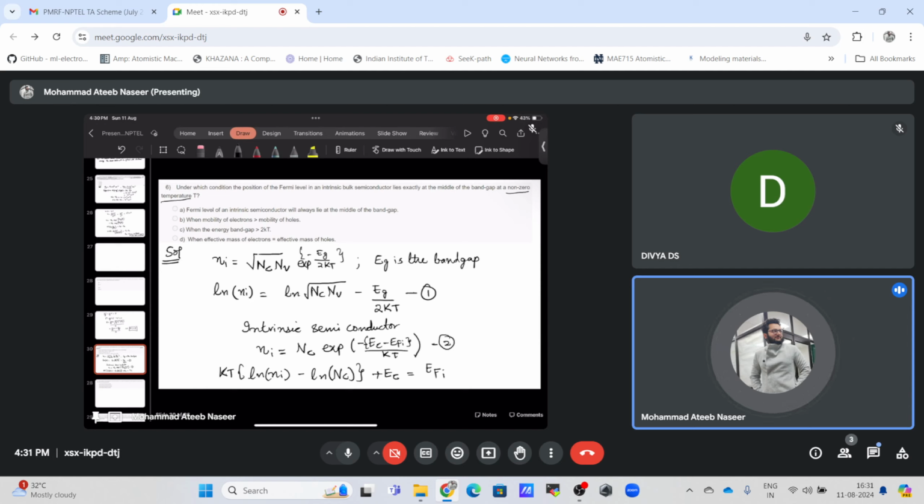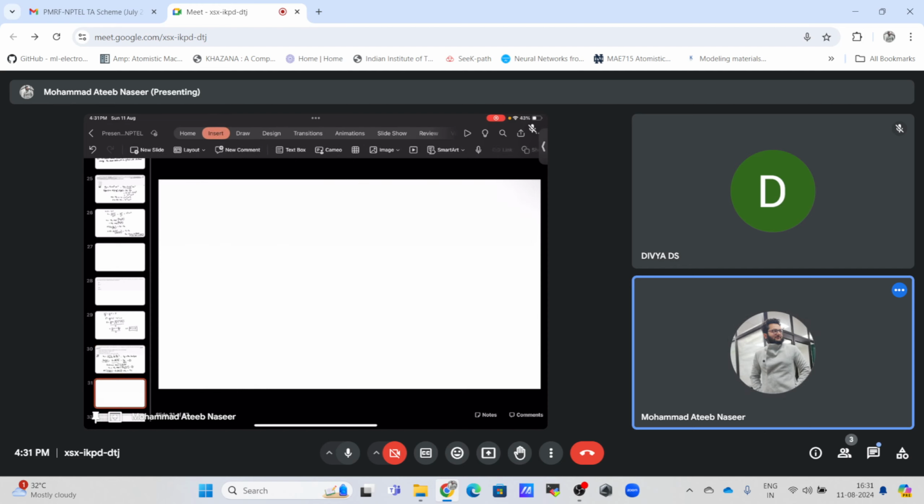Now I replace ln of Ni using equation 1.